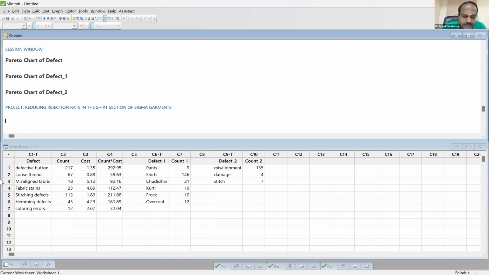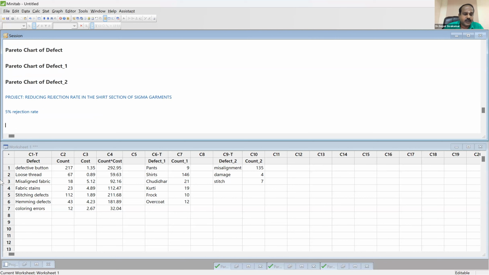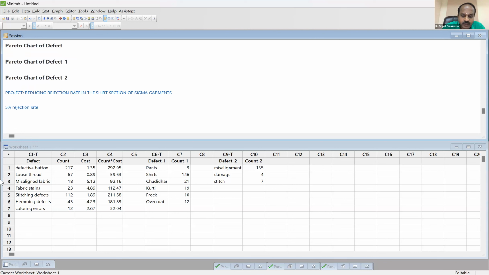Now, imagine currently there is a rejection rate of 5% happening in the shirt section. Let's assume the production rate in that garment industry is 1,000 shirts per shift.